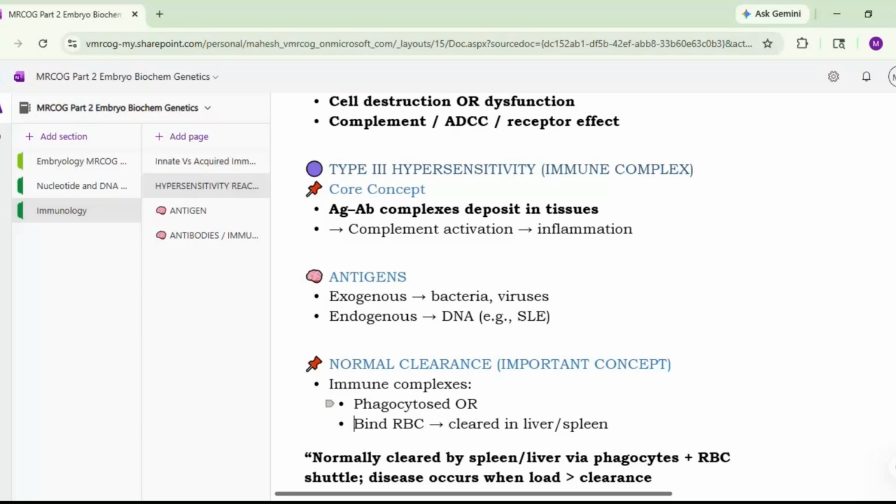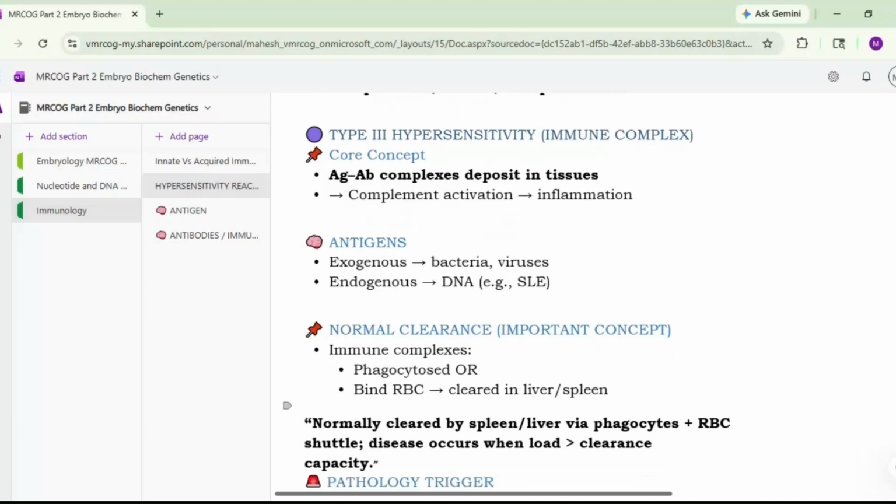So these immune complexes will be phagocytosed or they will bind with RBC. RBC will act as a vehicle and carry them to the liver. Here, the liver and the spleen will destroy only the immune complex. They will not destroy the RBC. Okay. So they are normally cleared by the spleen and liver via phagocytosis, via the RBC shuttle.